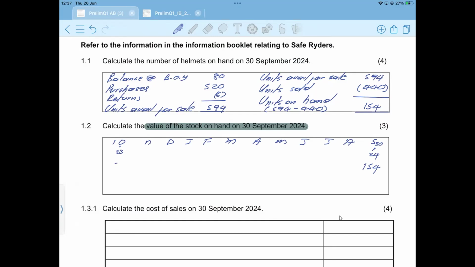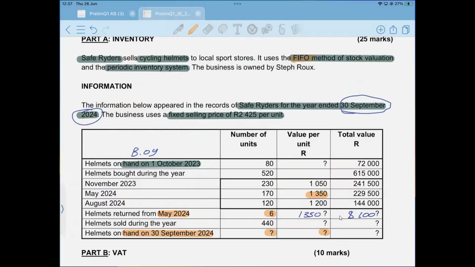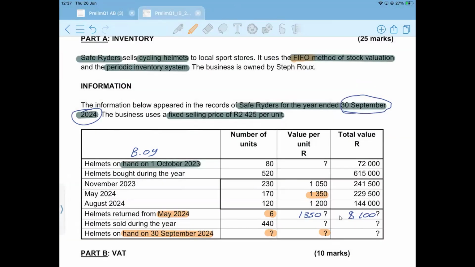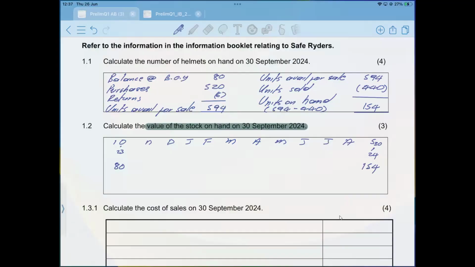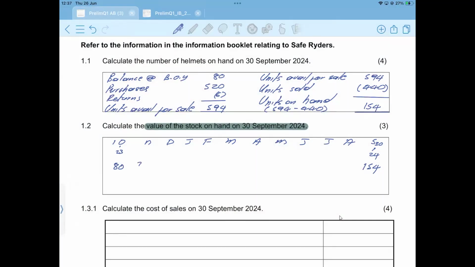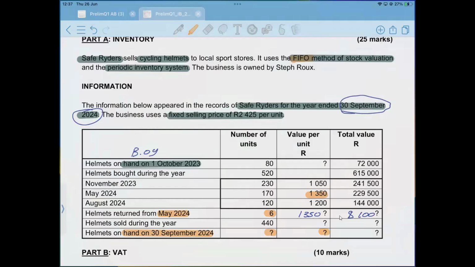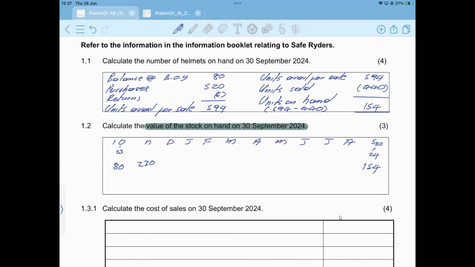80 units started the year. We purchased 230 units in November, and then we purchased 170 in May.